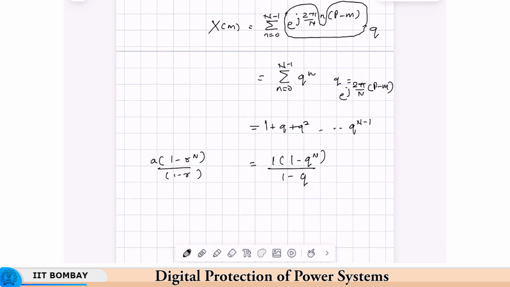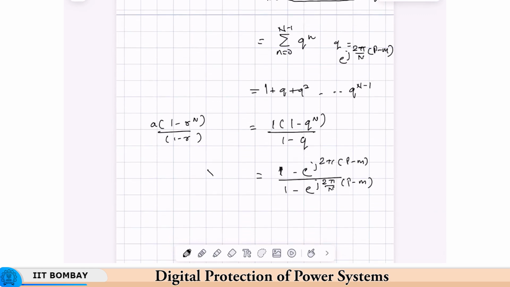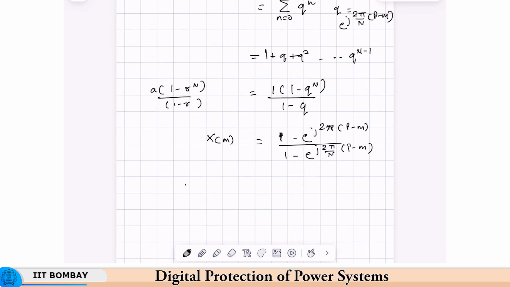Okay. So, now what does that give us? 1 minus q raised to N is 1 minus e raised to j 2 pi (P minus m), upon 1 minus e raised to j 2 pi by N (P minus m). Is that correct? Okay. Now, we will slightly modify this expression.